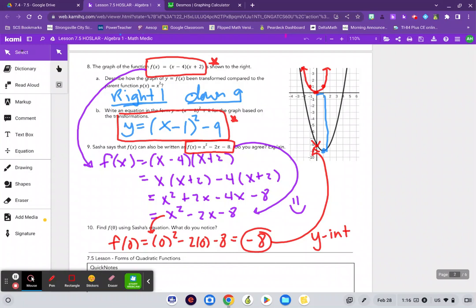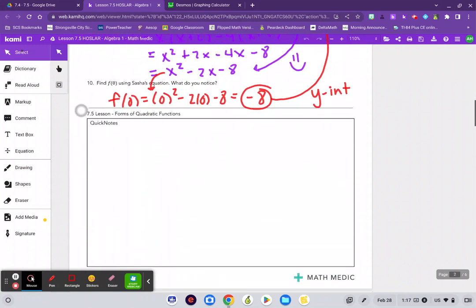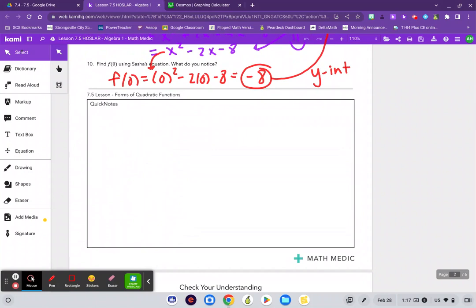Okay, so we have 3 different equations boxed off in red. We're going to talk about all those different forms, the fact that they give us the same graph, and ways of finding special points of a parabola. The first thing that we're going to do is break this up into 3 parts.